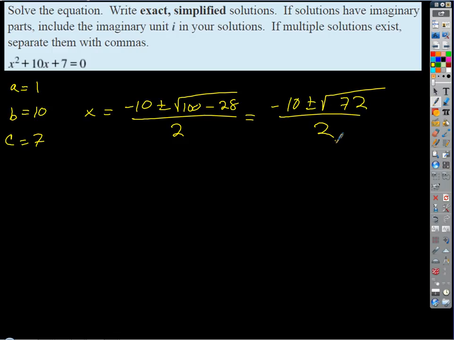So what's the biggest perfect square factor of 72? What do we do? We just go down the list, right? 72 is not a perfect square, so we start with half of it. Vanessa, what's half of 72?